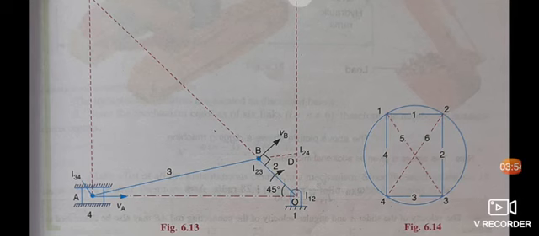Here is the diagram. Link 4 is fixed. Point A has reciprocating motion, it reciprocates with velocity VA in the x direction, and point B moves with the velocity VB, and OB rotates at 10 radian per second.